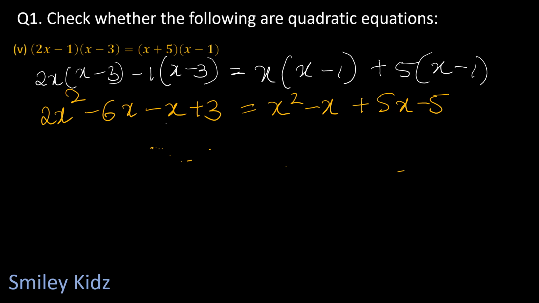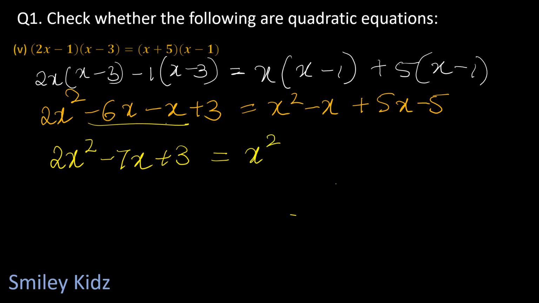Now, in order to avoid confusion, you can first simplify both the sides and then you can transpose the terms. So here we'll be left with 2x square minus 6x minus x will give you minus 7x plus 3 equals x square, and here we have minus x plus 5x. So it's going to give you plus 4x minus 5.